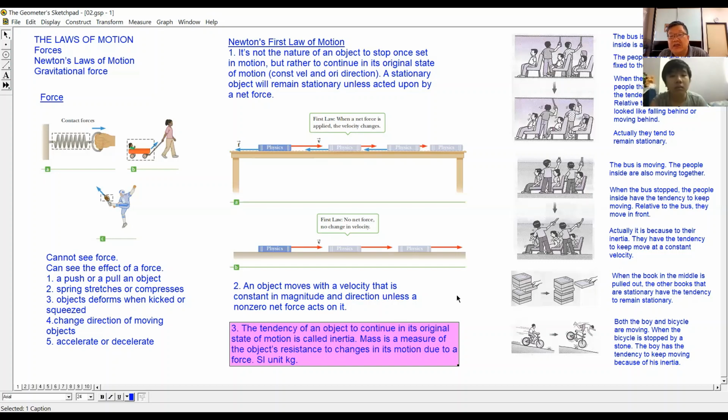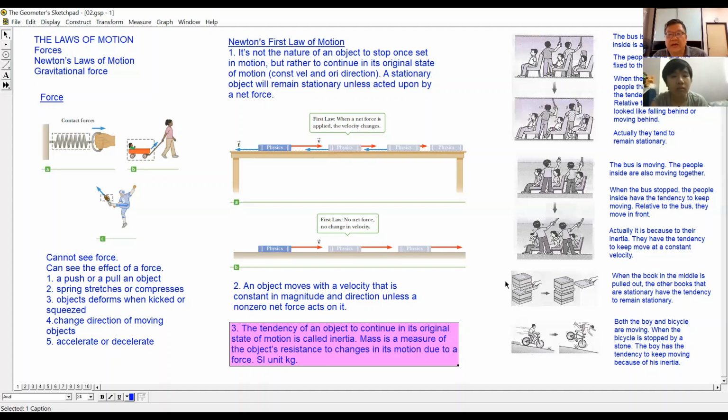It is measured in kilograms. So mass you can measure. It is the quantity, the amount of thing that you have, so it can be measured in kilograms. Whereas inertia is just a tendency. You cannot measure the inertia.